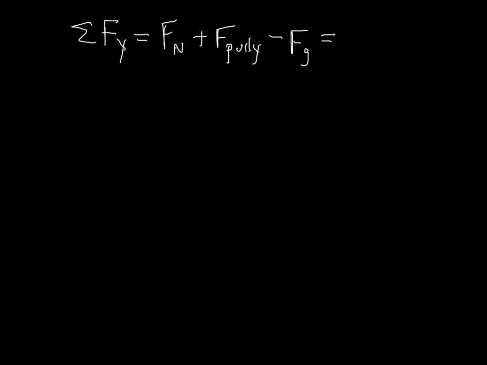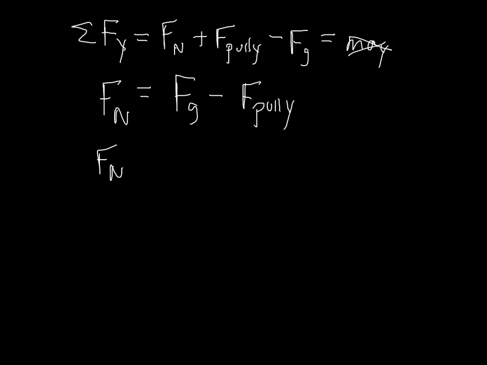And from Newton's second law, we know this is equal to the mass times the acceleration in the Y direction. What's the acceleration in the Y direction? Big fat 0. You can tell we're getting excited. We're getting close. Let's solve this for Fn. Fn is going to be equal to Fg minus F pull Y. So I'm just moving things to the other side.